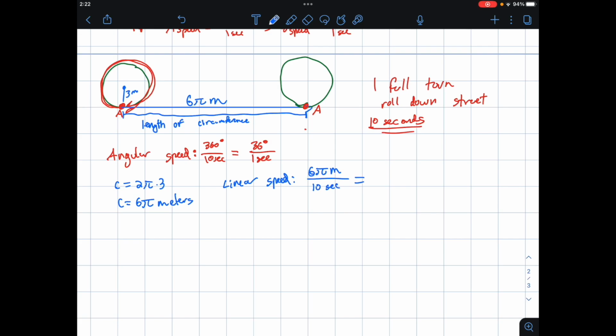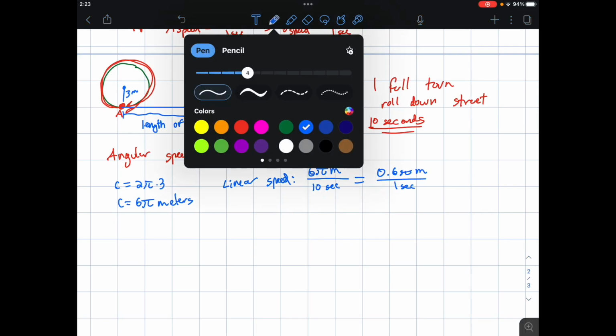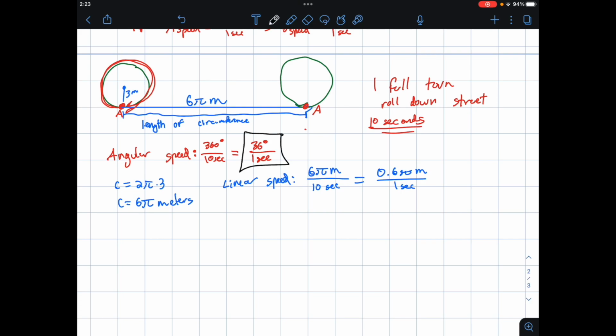Now, dividing by 10, we would get 0.6 pi meters. So let's just write it like this: 0.6 pi meters per 1 second. So we were able to get between an angular speed and a linear speed, and they're linked by the circumference of the circle, or I always like to just refer back to the radius, because from the radius we can get the circumference.